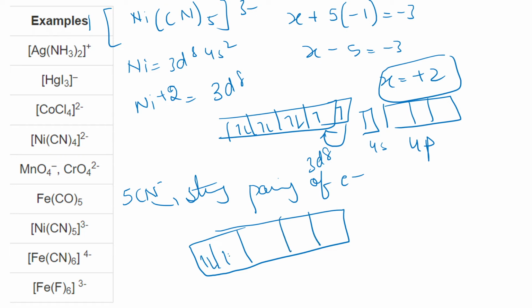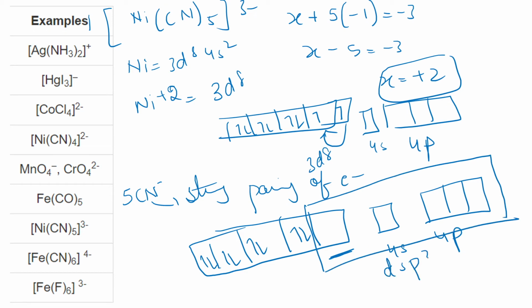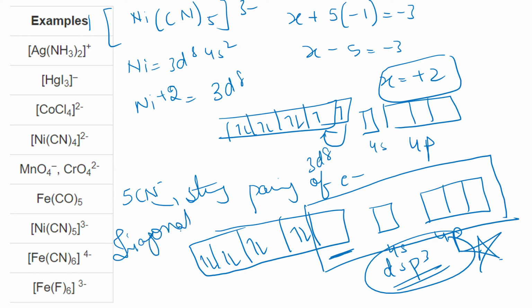So 1, 2, 3, 4, 5, 6, 7, 8. This is empty now; this is 4s and this is 4p. For 5 cyanide, we need 5 hybrid orbitals, which will include dsp3. Again the hybridization will be dsp3, and for dsp3 hybridization, the geometry is trigonal bipyramidal.